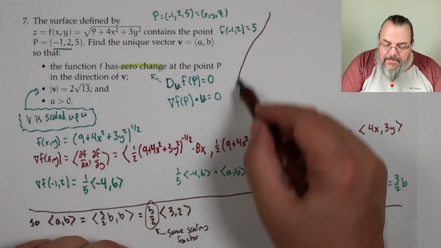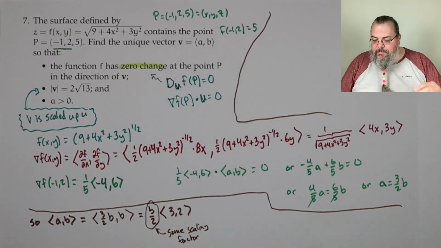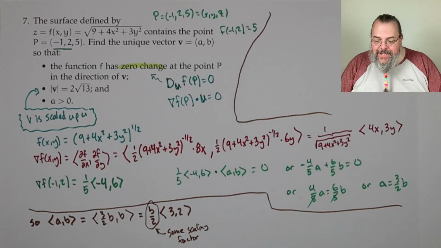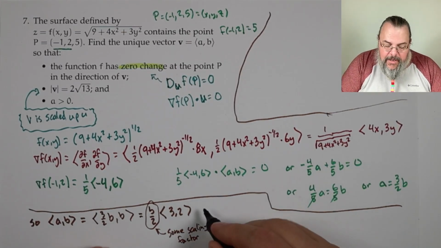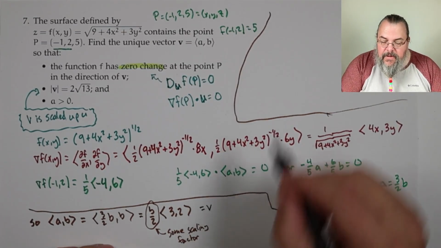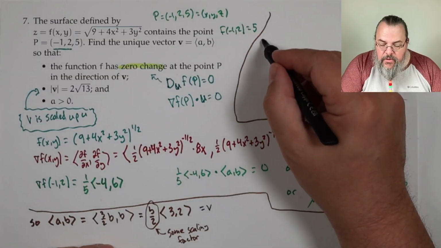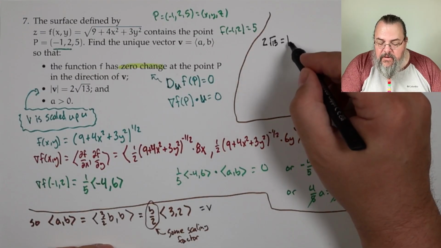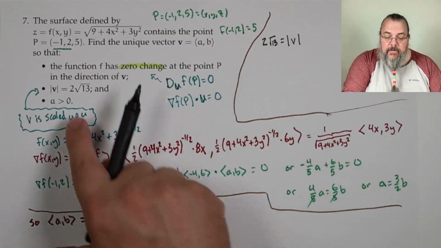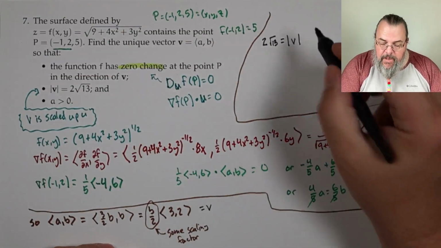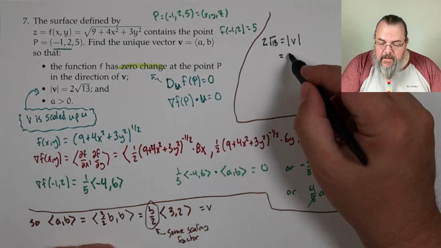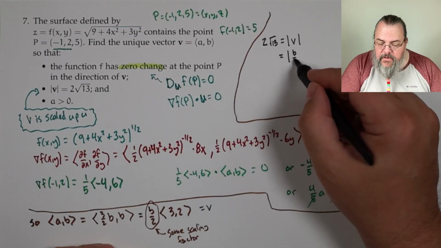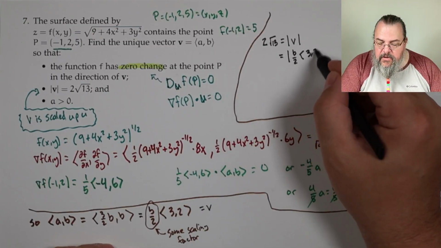So the last thing, working up here in this corner, what's the right scaling factor? Again, this is our vector v. We know that 2 square root of 13 is our magnitude of v. That's our assumption. But that's equal to the magnitude of B over 2 times (3, 2).